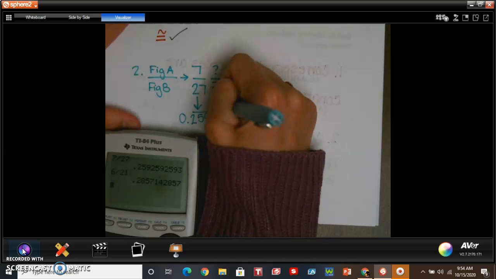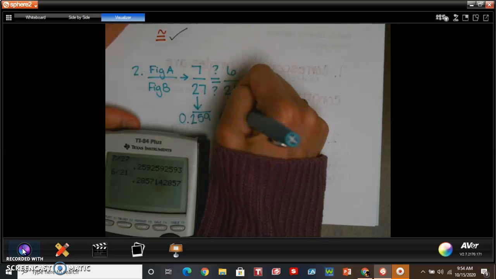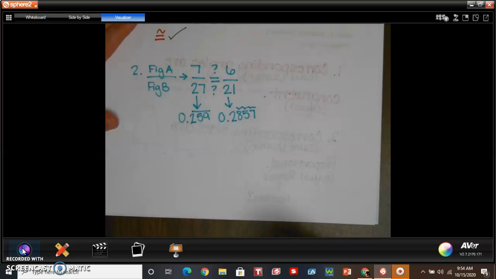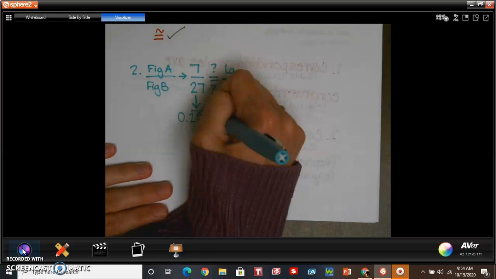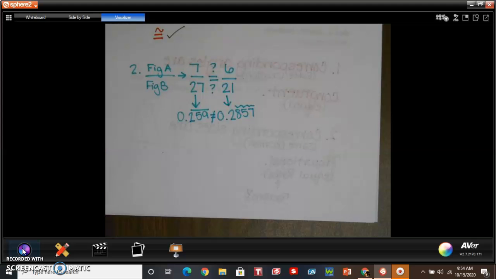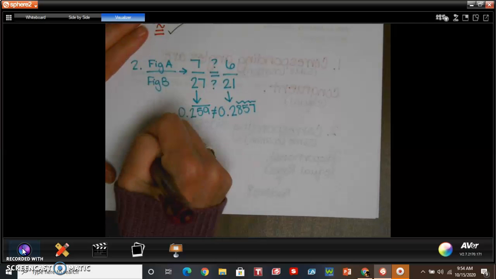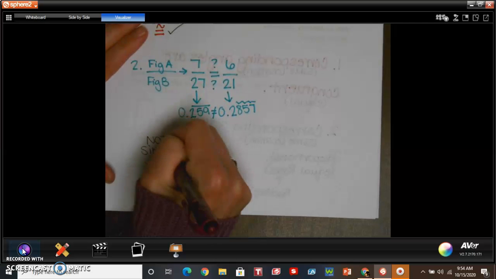It gives us 0.2857, and so on. Are those equal? No, they are not equal. If these were equal, they would be similar. Since it's not equal, our answer is not similar.